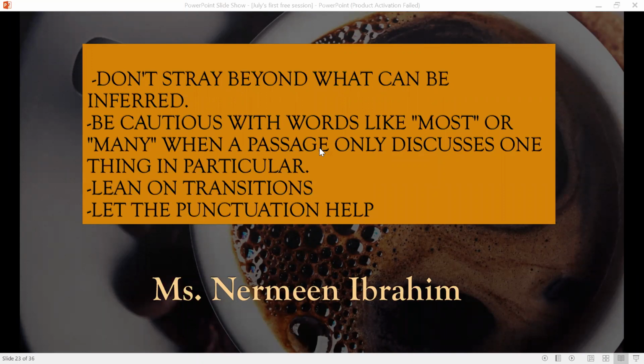The perfect answer will be related to the same subjects, the same repeated nouns, and so on. Let the punctuation help. This is definitely very important, especially if you have a colon explaining what I have mentioned earlier, and so on.